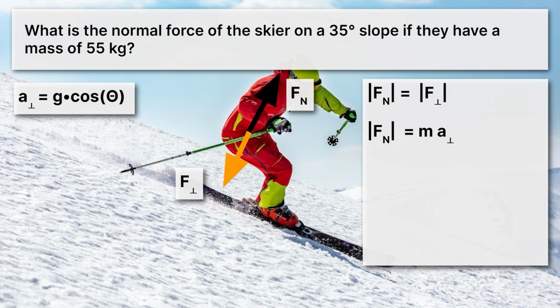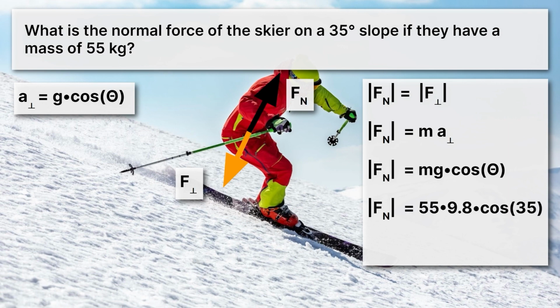And so we'll just substitute in that g cosine theta into my perpendicular acceleration, and we'll get that the normal force is equal to mass times gravity times cosine theta. Okay, well, at this point, we're ready to plug in all the numbers we know there. For mass, we have 55 kilograms, that's the mass of the skier. For gravity, we have 9.8 meters per second squared.